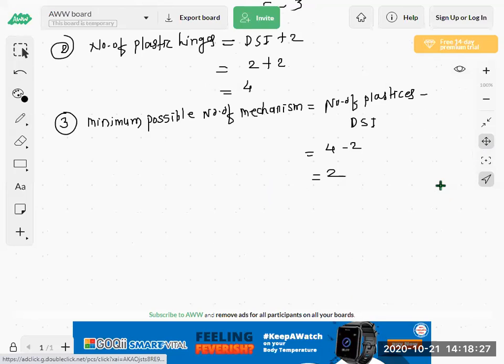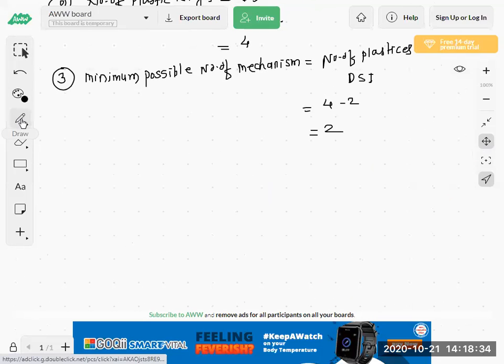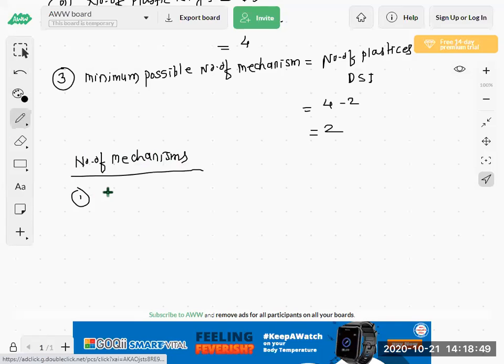Okay, so now what are these 2 mechanisms? These two mechanisms are number 1, the beam mechanism, and number 2, the sway or column mechanism.